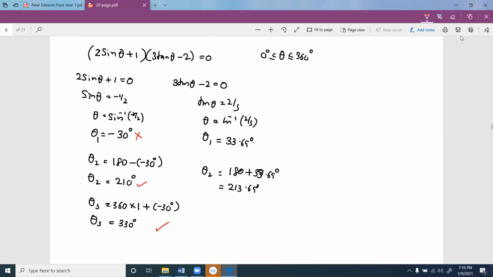There is no need to go with 360 plus, because it will definitely give an answer greater than 360. Here we apply it since this is a negative answer. But then you can write the answers as: minus 30 is not there, 210, 330, 33.69 and 213.69. Those are the answers for this question.